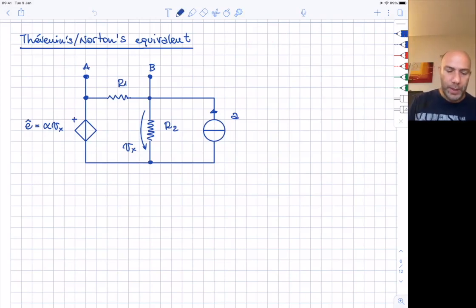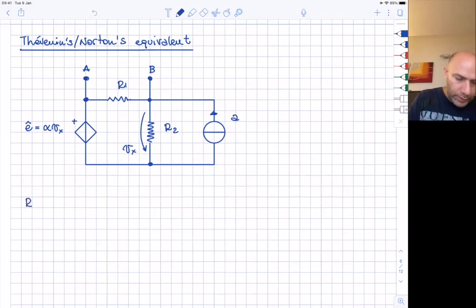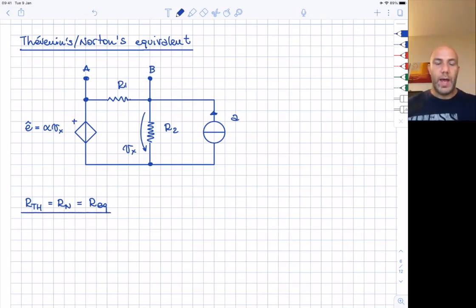The first step is the calculation of the Thevenin's resistance or Norton's resistance. They are equal. Let's call these resistance R equivalent. So this first step is common to Norton's and Thevenin's equivalent circuit.